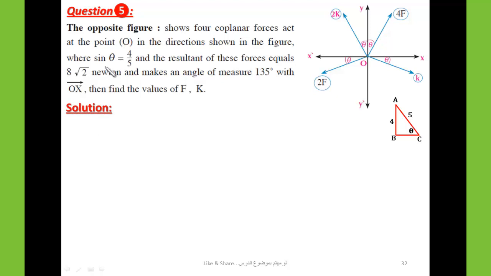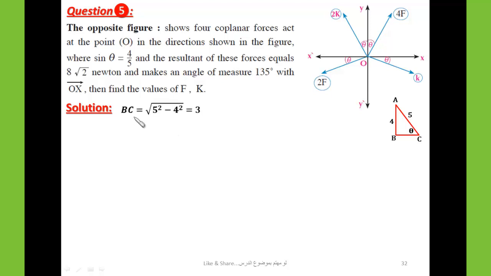We have sine theta equals 4/5. We draw triangle ABC containing angle C of measure theta, and sine theta equals opposite over hypotenuse, which is 4/5. To calculate BC, we use the Pythagoras theorem.